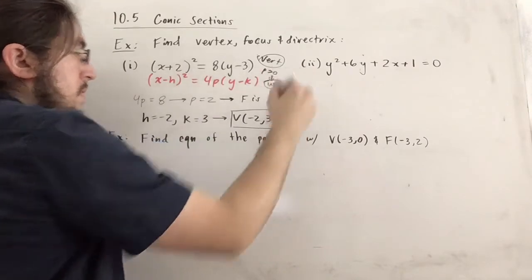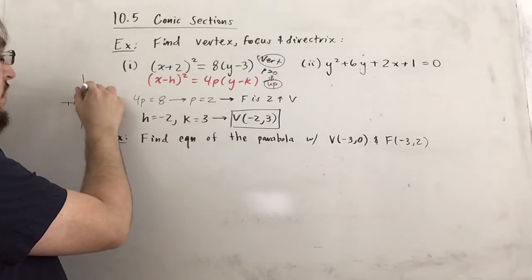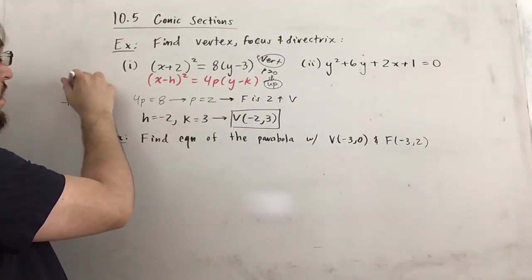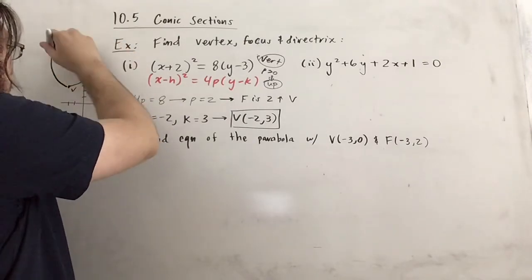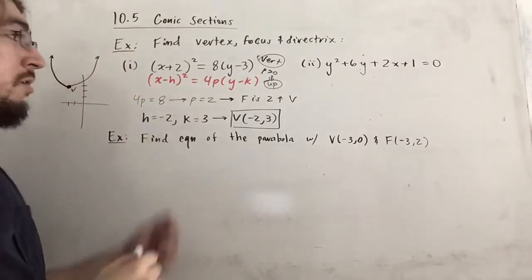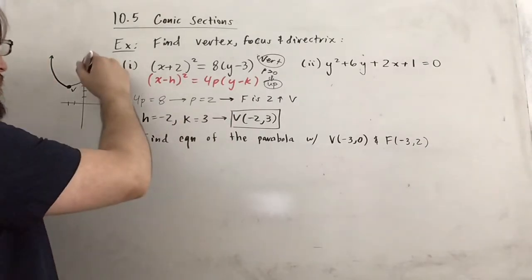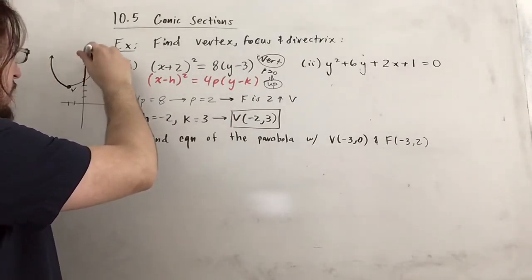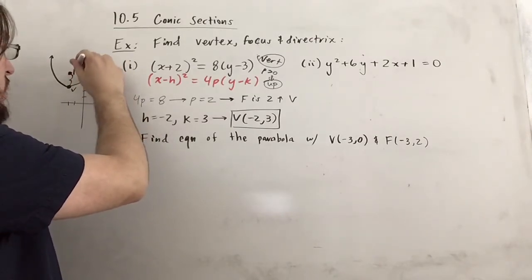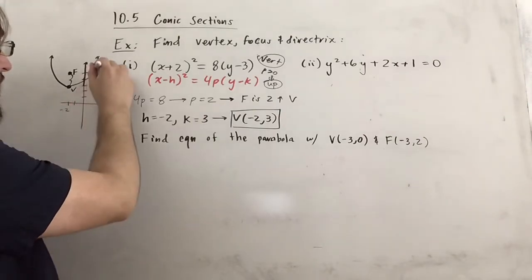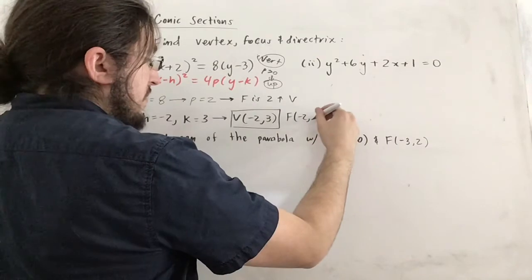So if you go to the vertex, negative 2 comma 3, which is over here, that's the vertex, the parabola opens up, something like this, and we know the focus is 2 units away from the vertex in the direction of the opening. So if we travel 2 more units above this vertex, we arrive at this point here, which is negative 2 comma 5. So now we know the focus is negative 2 comma 5.